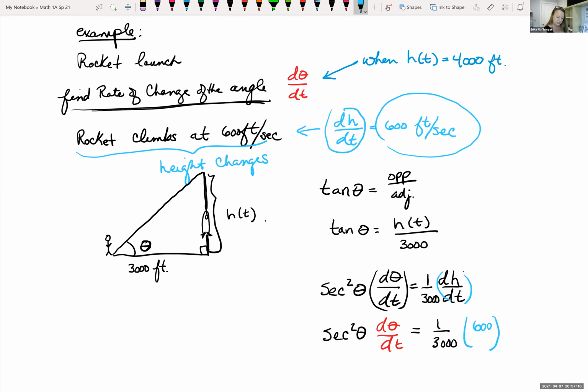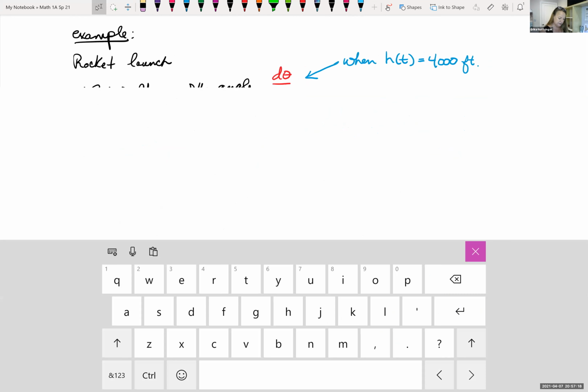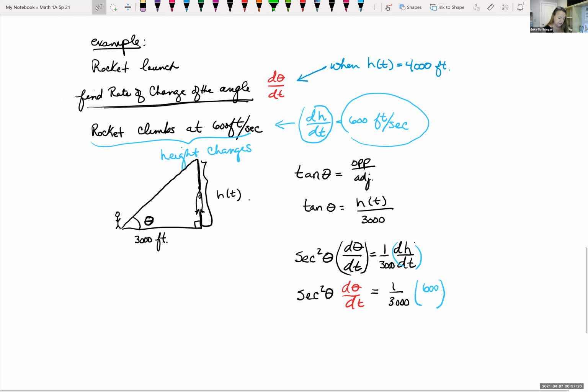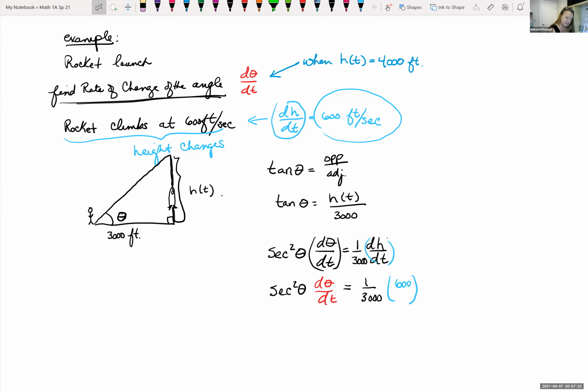Let's solve for d theta dt. Well, actually, let's simplify first. So we have secant squared theta times d theta dt is equal to, on the right-hand side, 600 all over 3,000. 100 goes into both of those, 6 over 30, that reduces down to 1/5.